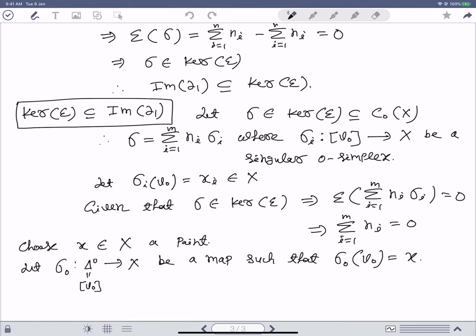That's mean the map sigma 0 is uniquely determined by the point x. That's mean if we have any singular 0 simplex whose image is x, then that singular 0 simplex should be sigma 0. Fine. Okay. Now we use that X is path connected. The topological space X is path connected.